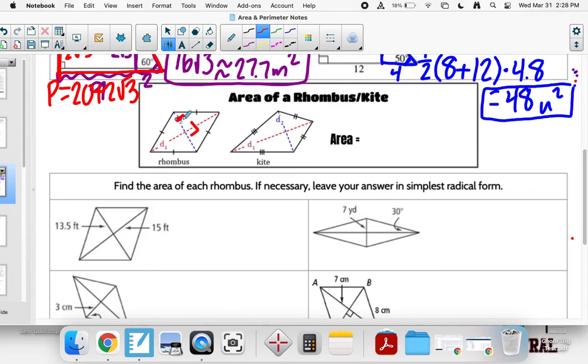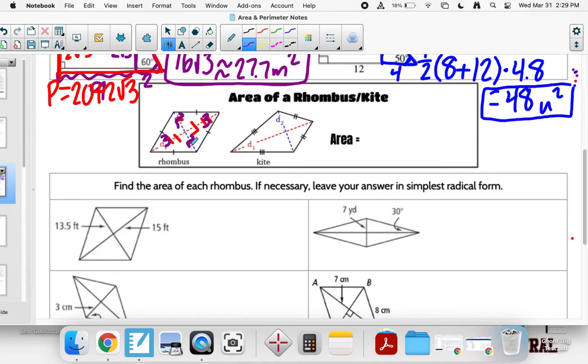So this half is the same as this half. The two diagonals themselves are not the same, but the halves are. If this is 3, this is 3, but that doesn't mean the other is 3. It may be 2, and this is 2.